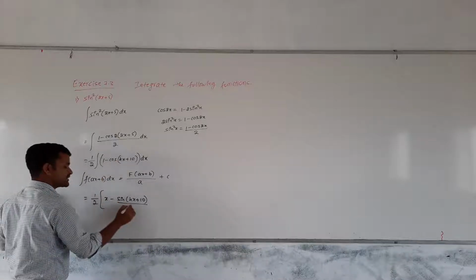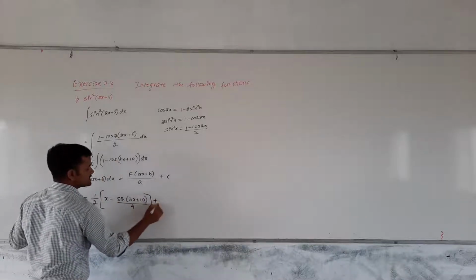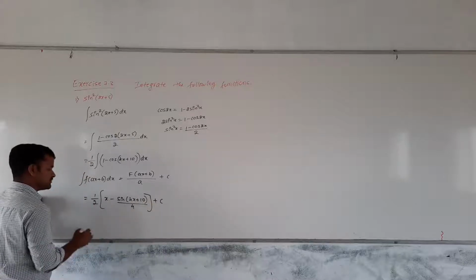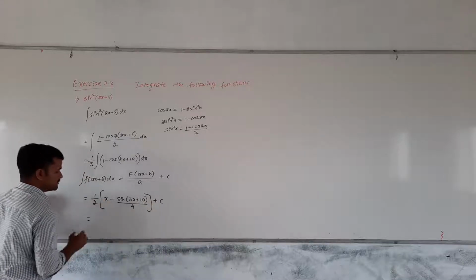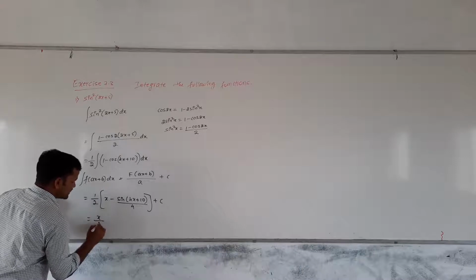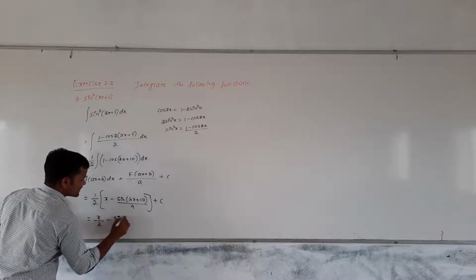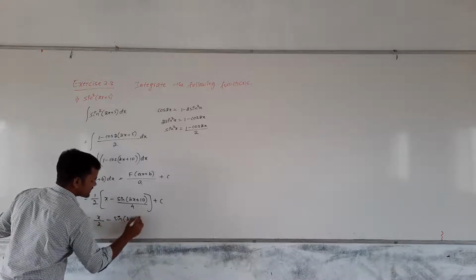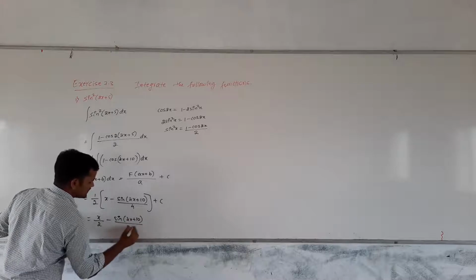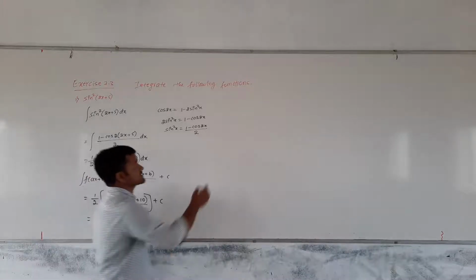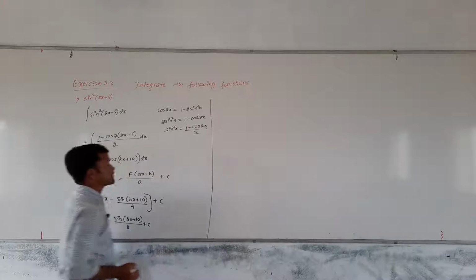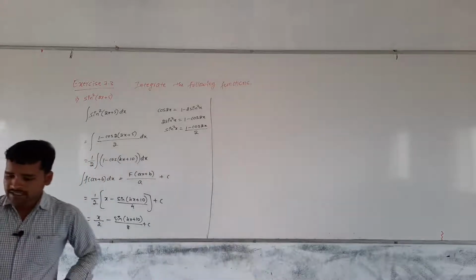What is coefficient of x? Here 4 is there, plus c. Integration completed, put plus c. 1 by 2 you multiply with this. This is x by 2 minus sin of 4x plus 10 divided by 2 into 4, 8, plus c. Yes, this is about problem number 1 in the exercise 7.3.